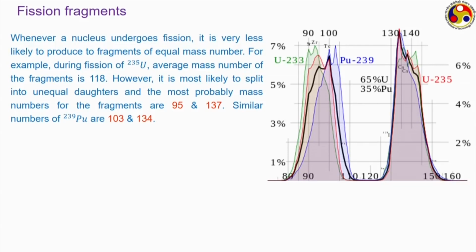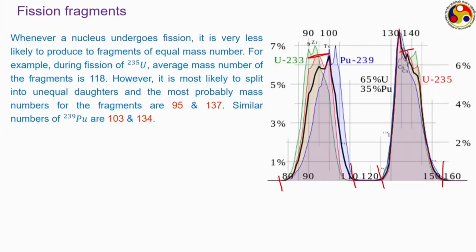But that is not true. While the average mass number for the fragments remains 118, invariably you will find one fission fragment having a mass number in the range of 80 to 110, while the other is in the range of 120 to 150. The most probable ones are approximately 95 and approximately 137.